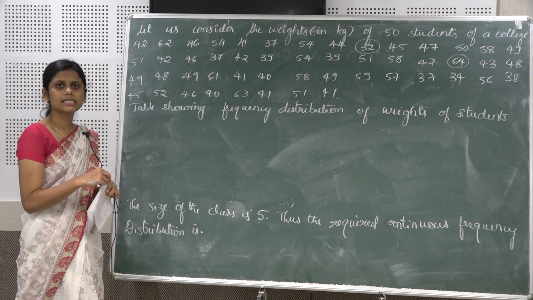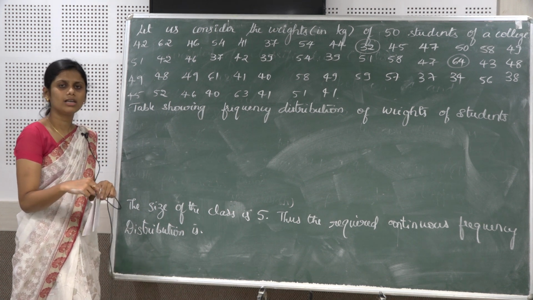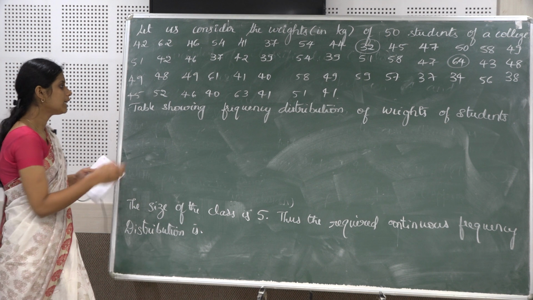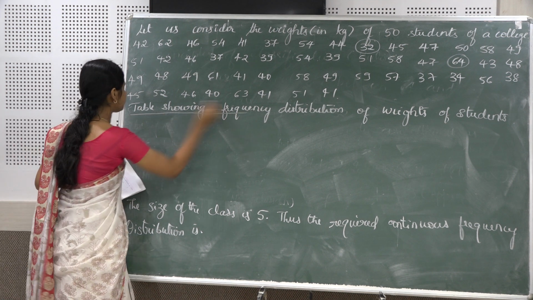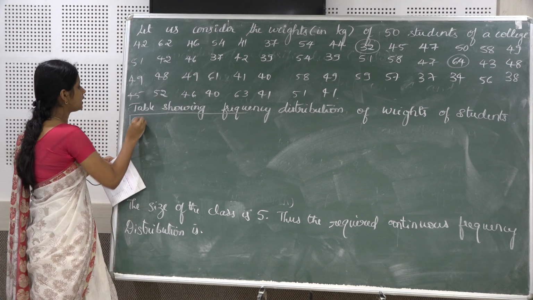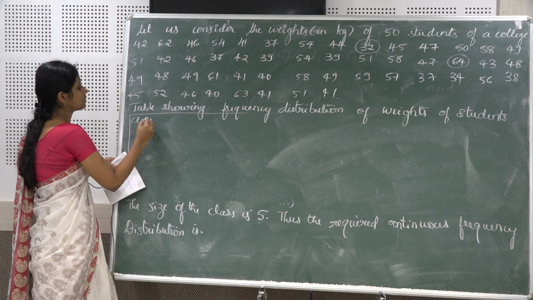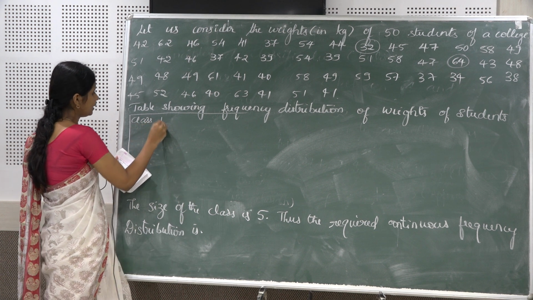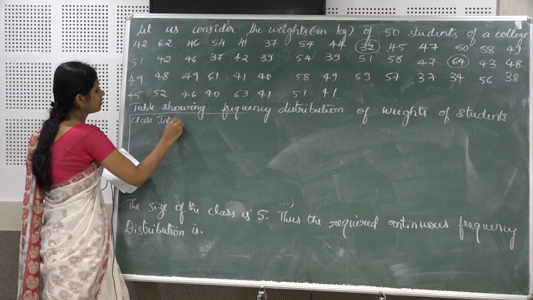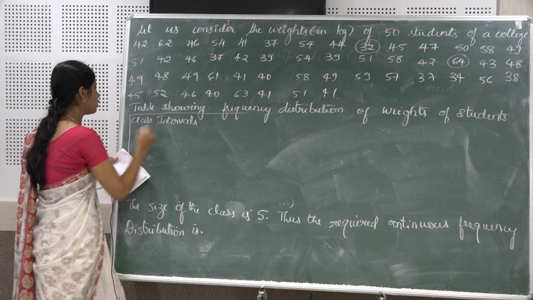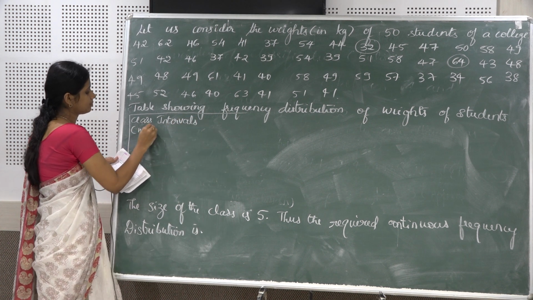Now, as in the discrete frequency distribution there were 3 columns, likewise here also there will be 3 columns. The first column is class intervals. There it was variables. In class intervals we are going to write weights in kg.